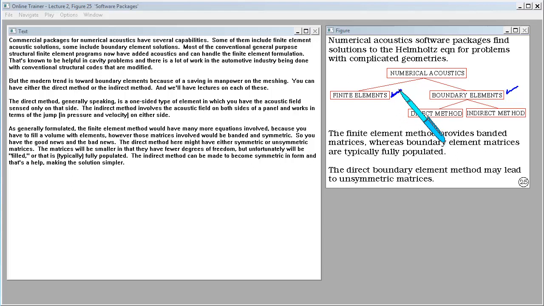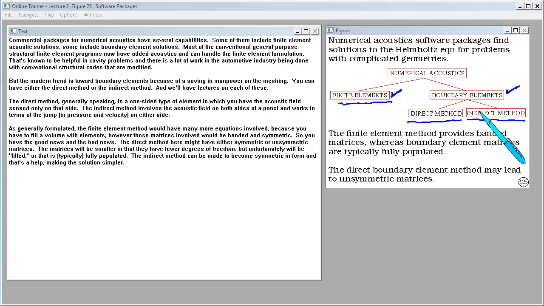That's known to be helpful in cavity problems, and there's a lot of work in the automotive industry being done with conventional structural codes that are modified. But the modern trend is toward boundary elements because of a saving in manpower on the meshing. You can have either the direct method or the indirect method, and we'll have lectures on each of these.